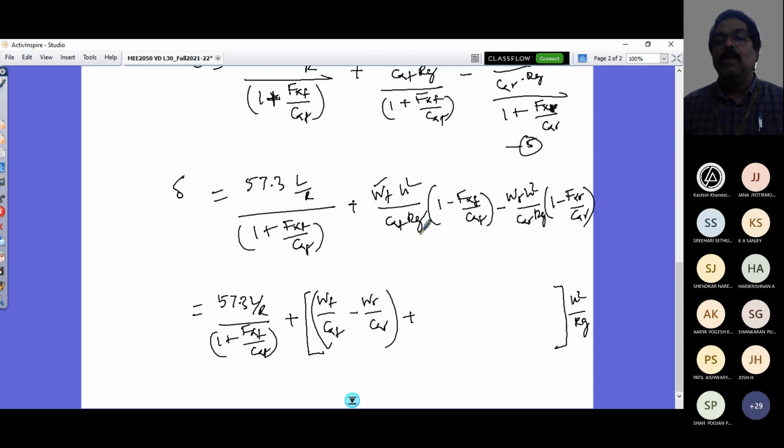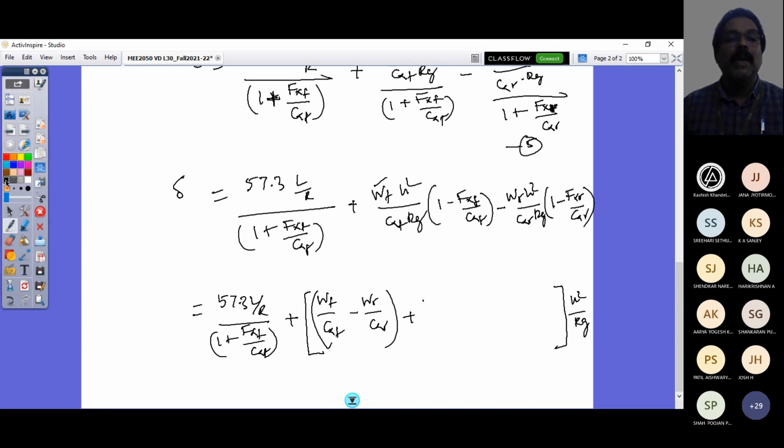Then my second term here would be this into this. So that's going to be minus. There's a minus sign here and there's a plus sign here, so I have to take the minus sign out now. So here it is not plus, it is going to be minus.